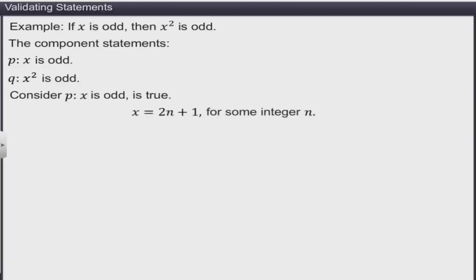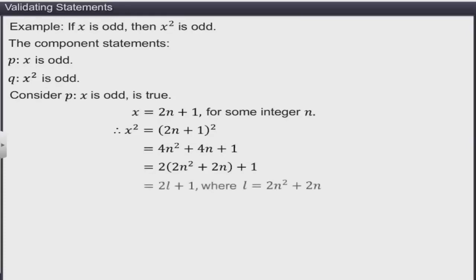Therefore, x squared is equal to 2n plus 1 whole squared. On simplification, we get 2 multiplied by (2n squared plus 2n) plus 1. This is also an odd number. This shows that x squared is also odd. Hence, the given statement is proved.